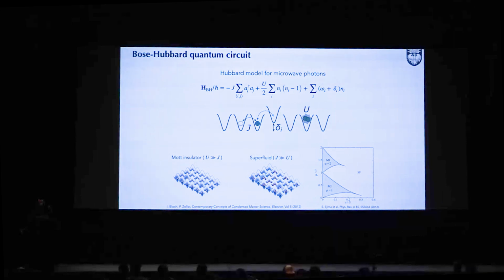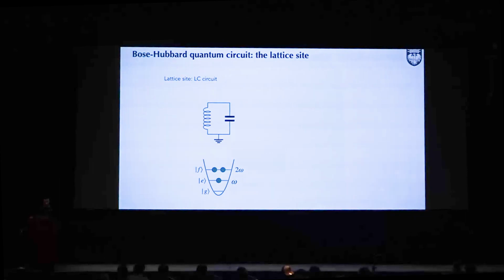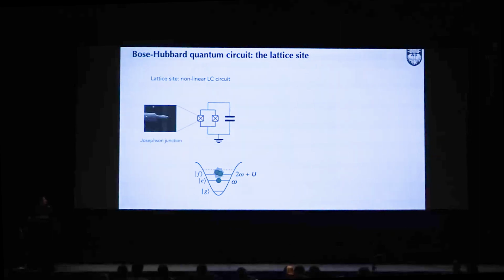To understand how we actually synthesize this material with superconducting circuits, let's start from our basic building block, the single lattice site. Since we're dealing with bosons, it's natural to use a microwave oscillator to represent the single lattice site. The simplest oscillator you can make in the lab is an LC circuit. In order to introduce photon interactions, the easiest thing you can do is replace that inductor with a Josephson junction.